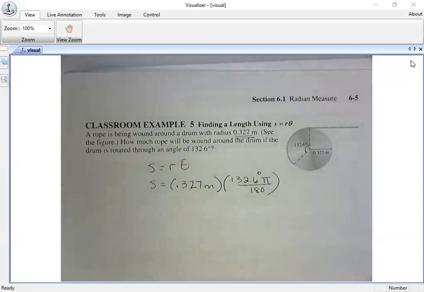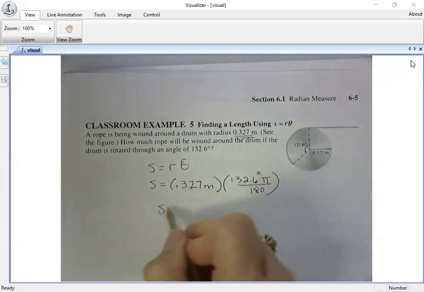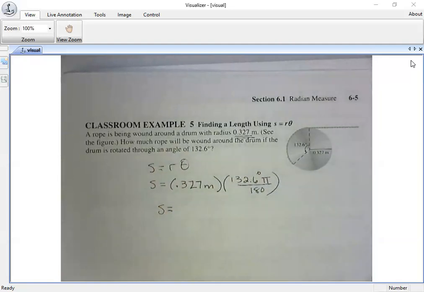So let's do it first where you keep pi in the answer to get an exact value. Let's see what you come up with. And I would say expect about 5 places to the right of the decimal.